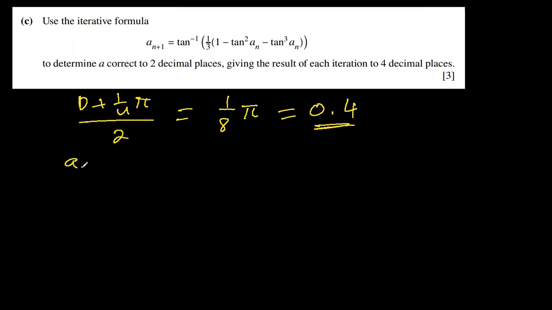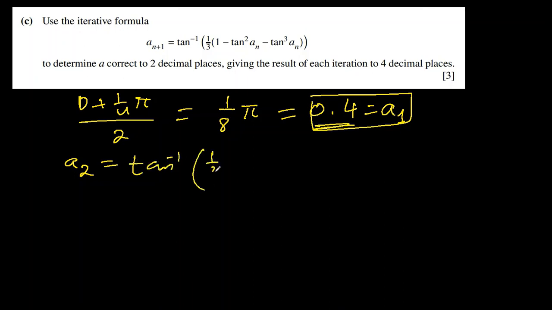So A2, which is the next value of n plus 1. So this will be my A1, the starting point. Okay, so I'll use this one inside, equal to tan inverse of 1 over 3, 1 minus tan square 0.4 minus tan cube 0.4.